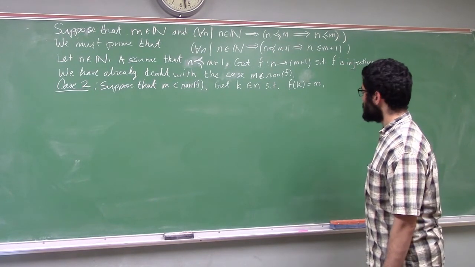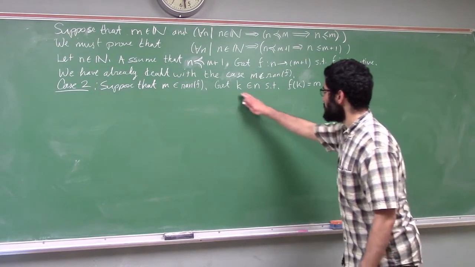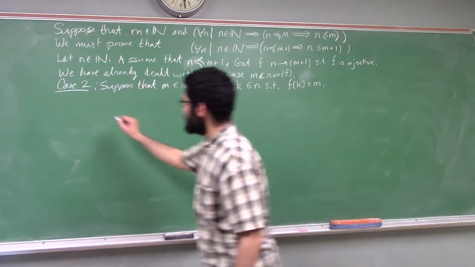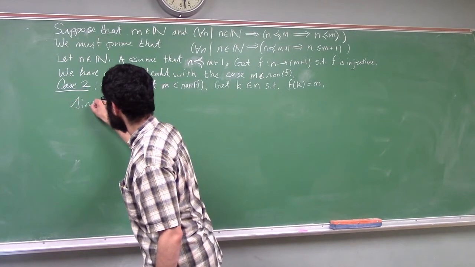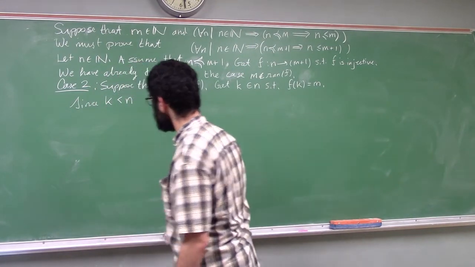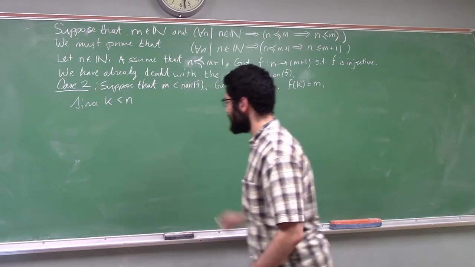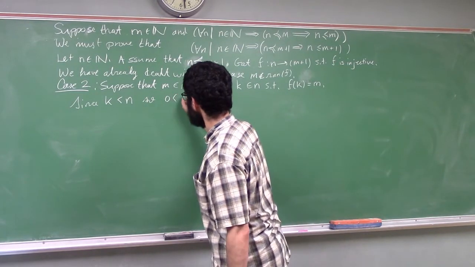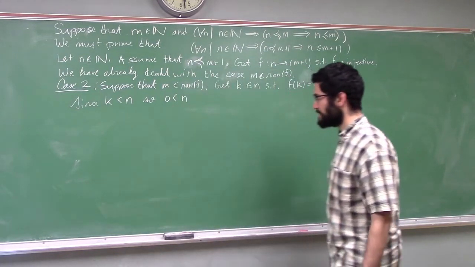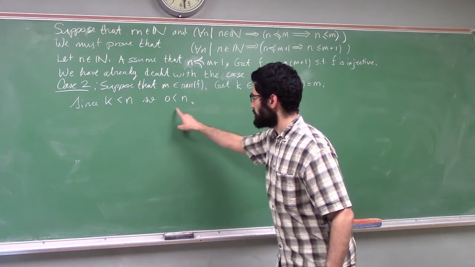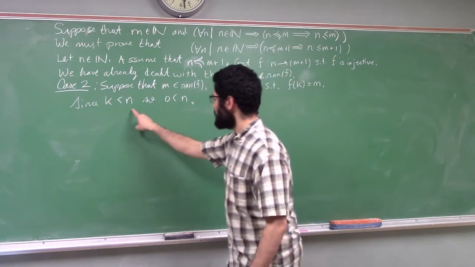Now, k is in n, right? That means k is less than n. And I'm only saying it that way just to point out that n is bigger than 0. So n is not 0. Okay, so how am I drawing this conclusion?